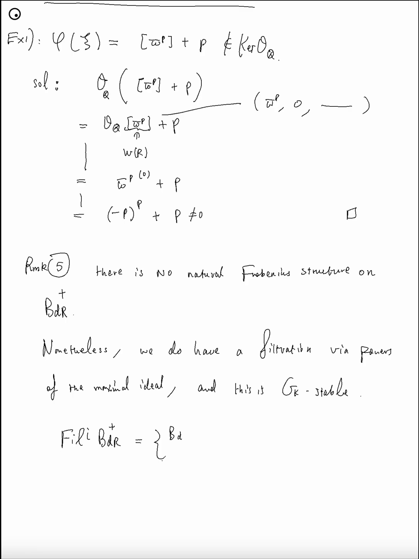And I think to be safe, let's put this just B_dR^+ for i at least 0, and B_dR^+ times t^i for i less than 0.